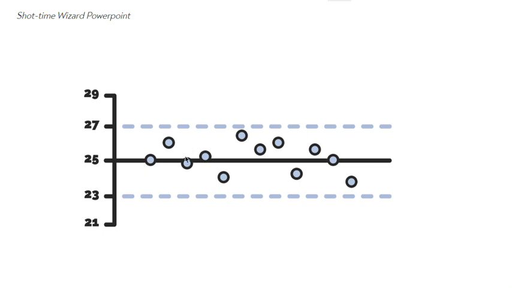As we go through the day, we're going to want to always come back to this 25-second line. We don't want to veer too far away. So what I'd recommend is when you start to see your shot times moving towards these upper and lower thresholds, make micro adjustments of the grinder, small adjustments that will bring you back down to your middle aim.